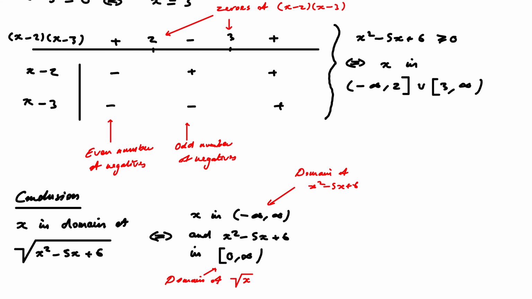But now we've concluded, well, this property is just the statement that x squared minus 5x plus 6 is greater than or equal to 0. We know exactly when that happens now. This is if and only if x is in this union of 2 intervals we just described.